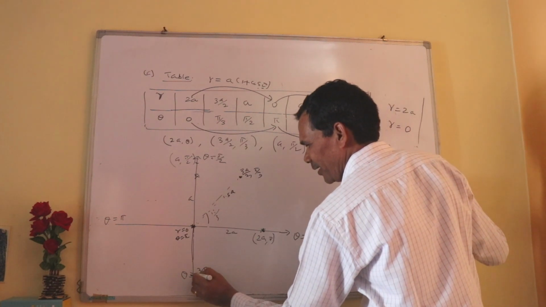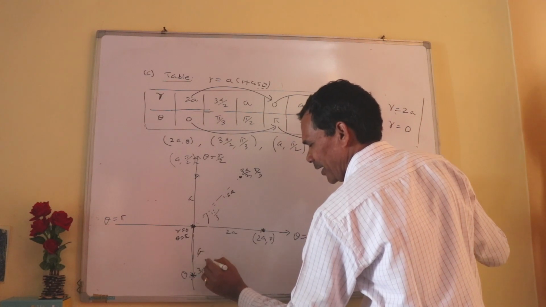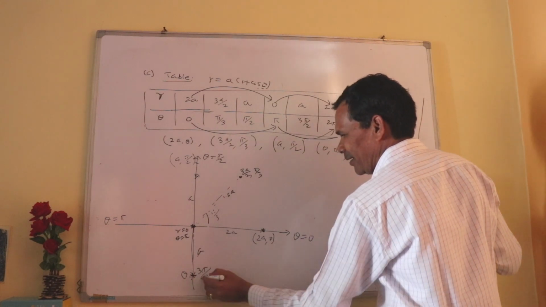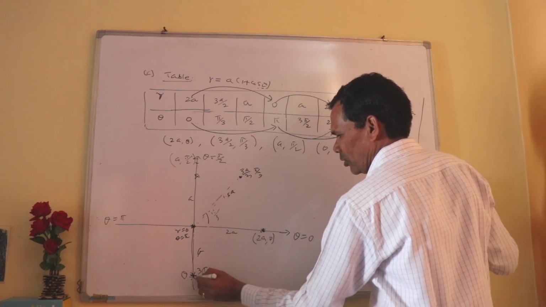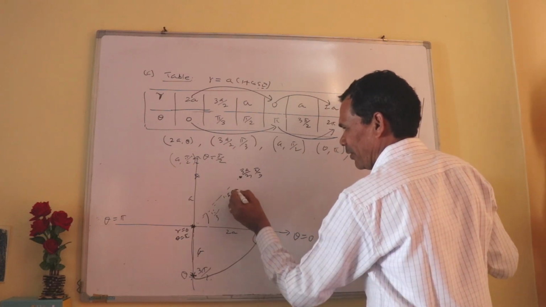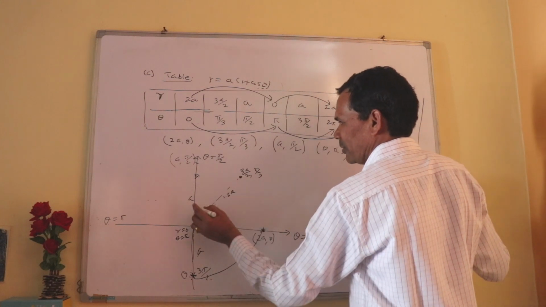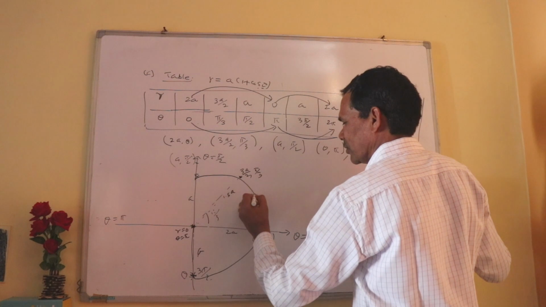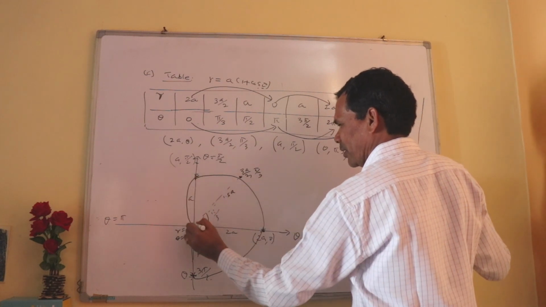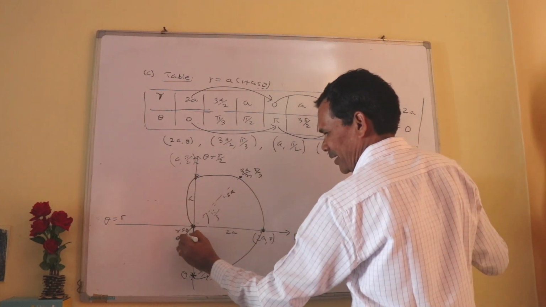So here again this point is a, and it keeps increasing up to 2 times a. So accordingly, you have the approximate shape of this particular curve, something like this. It becomes 0 again, and again increases.